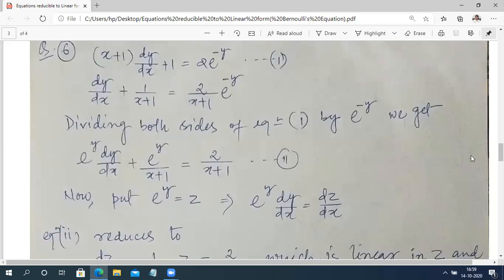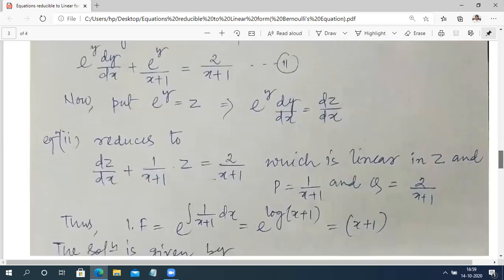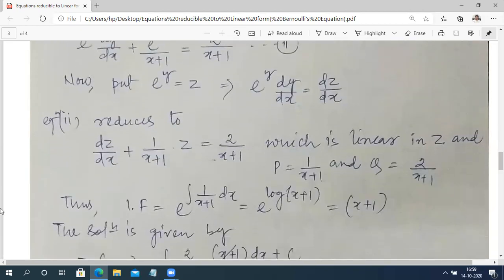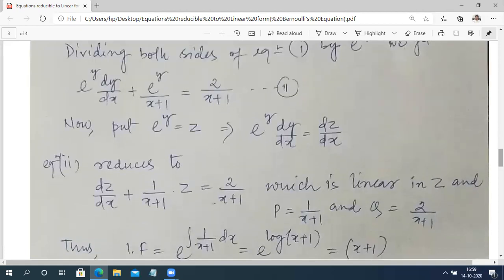So this equation 2 will become like this: dz by dx plus 1 upon x plus 1 in e raised to the power y will be z.